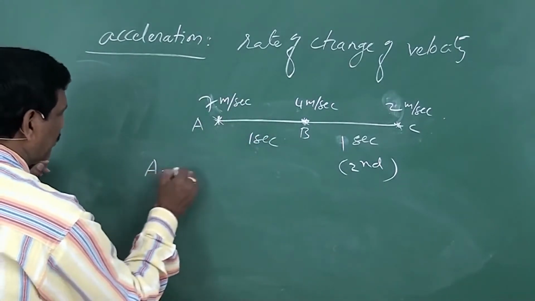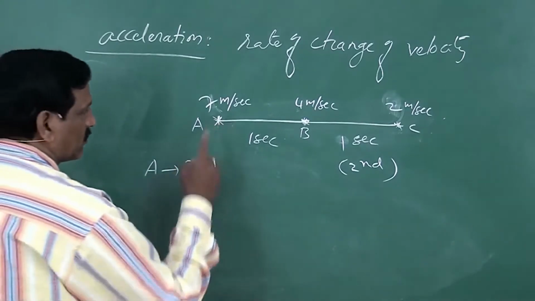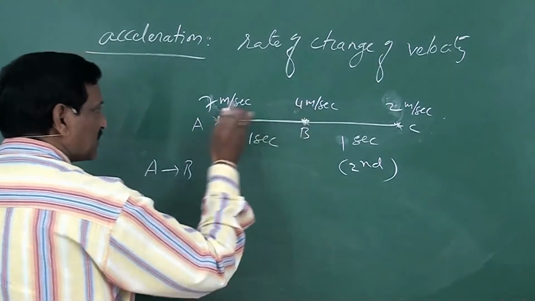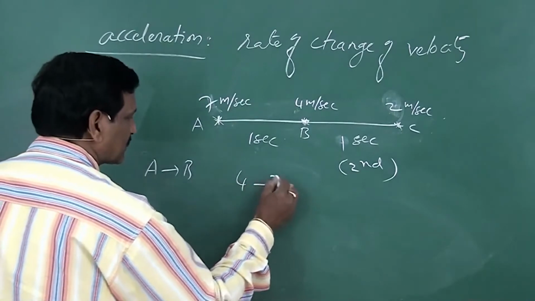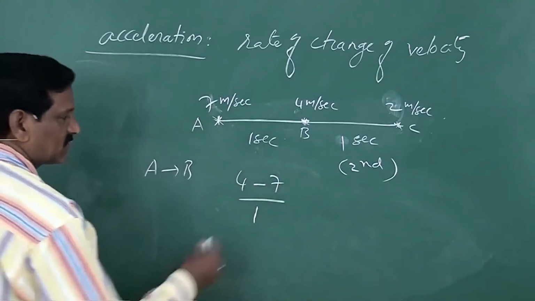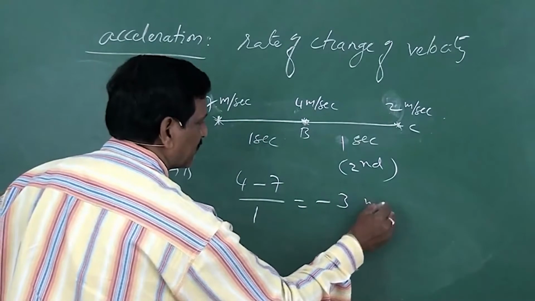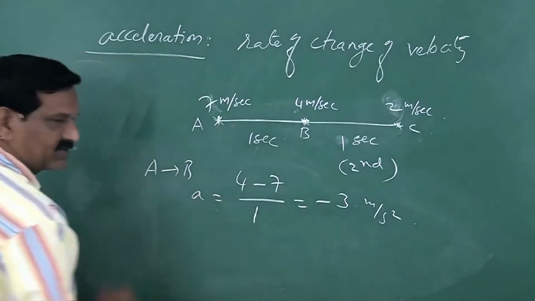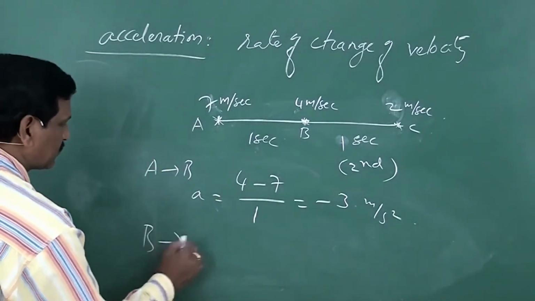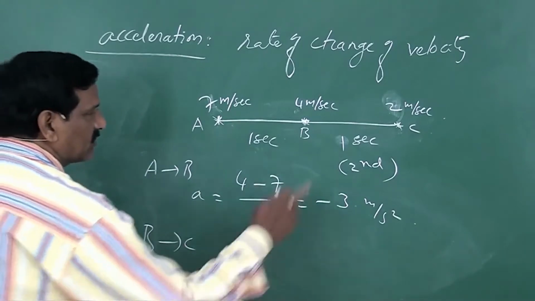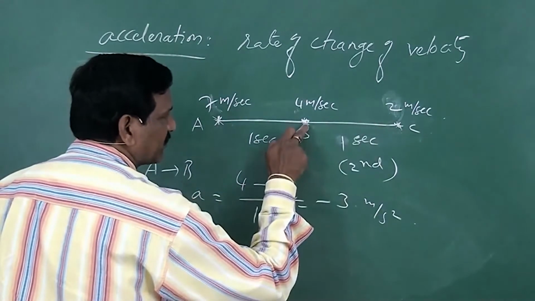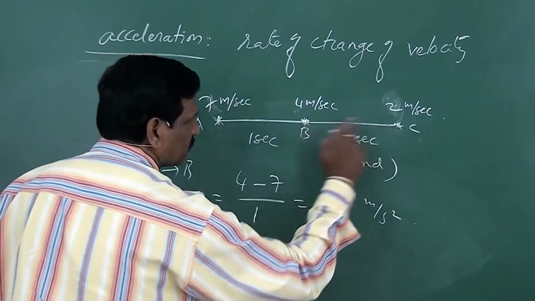between A and B, change in velocity means final velocity minus initial velocity, that is 4 minus 7 by 1. So this is minus 3 meter per second square. This is acceleration. Between B and C, acceleration is equal to final velocity minus initial velocity. B is the initial point, C is the final point for this journey.